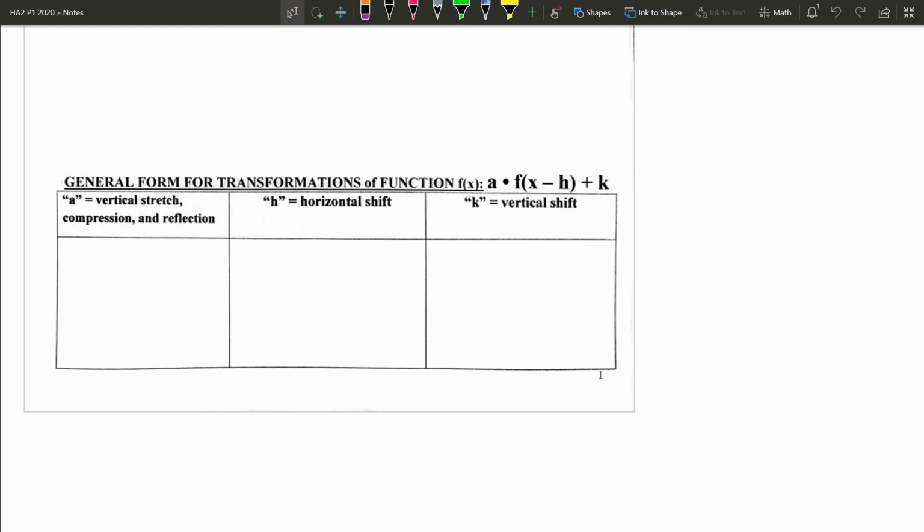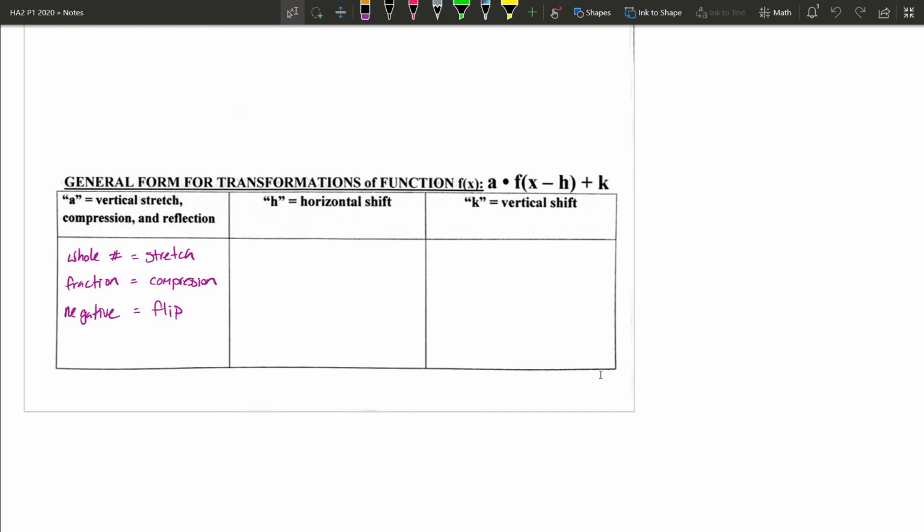If it's a whole number, that means it's going to be a stretch. If it's a fraction, that means it's going to be a compression. If it's a negative, that means it's going to flip. This is the checklist I go through every time I see one of these.